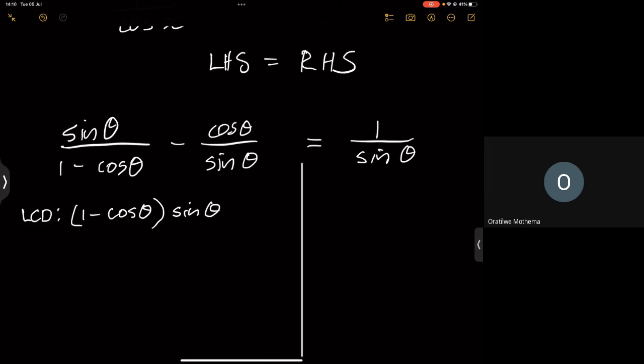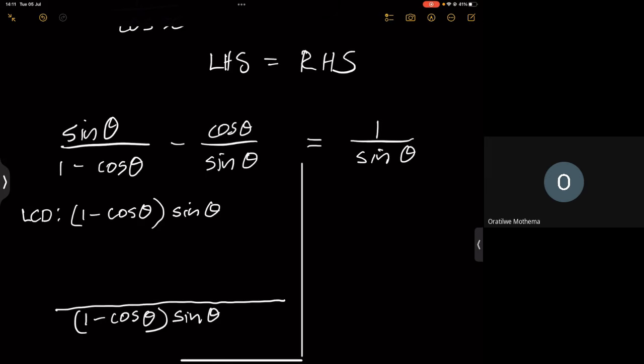And then it's sine squared theta over sine squared theta minus. Okay.